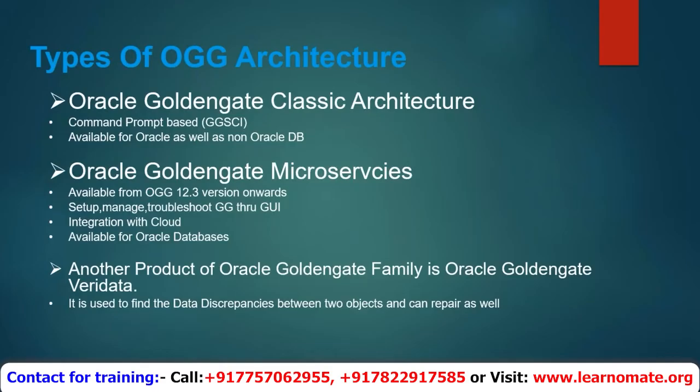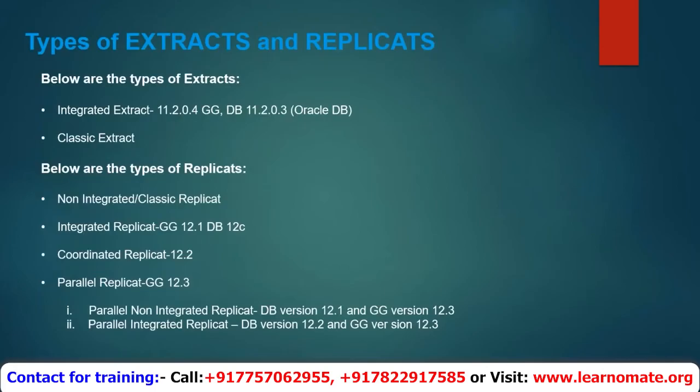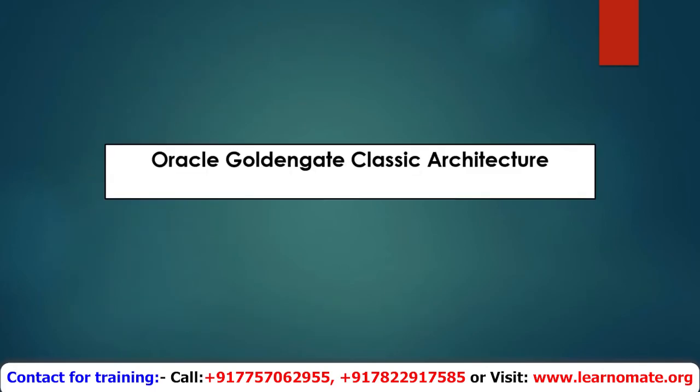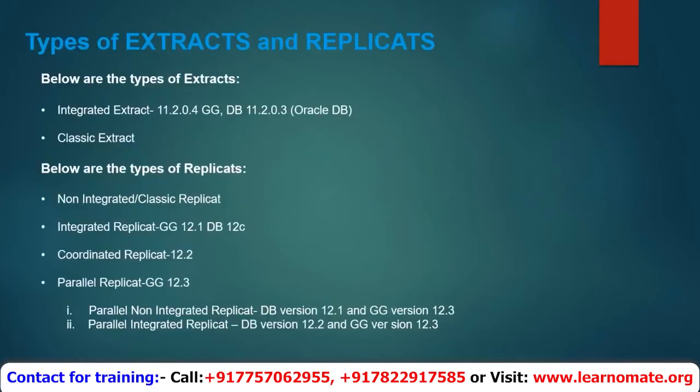Veridata is getting very popular nowadays due to cloud migration, because upon migration, people want to confirm whether their data is in sync or not. So that's why they are using Veridata a lot now.